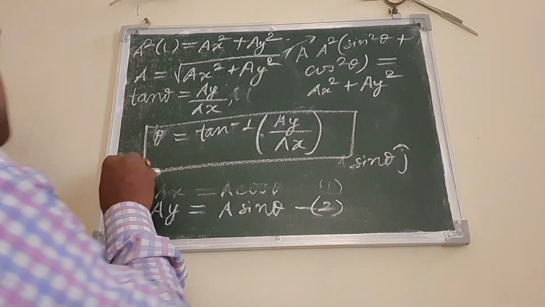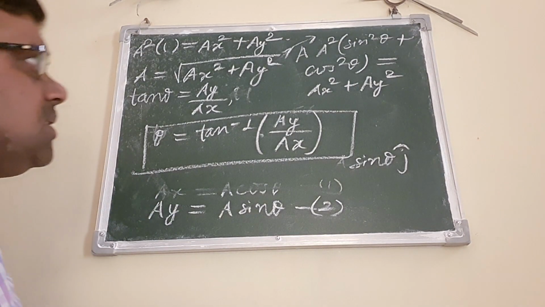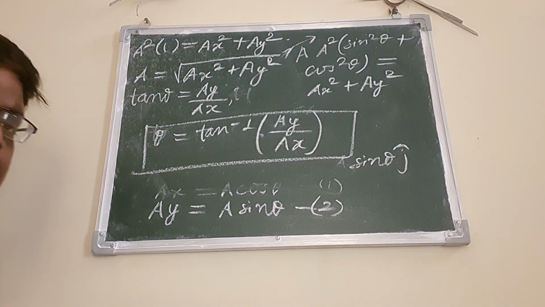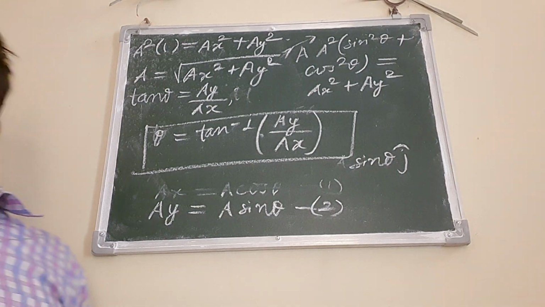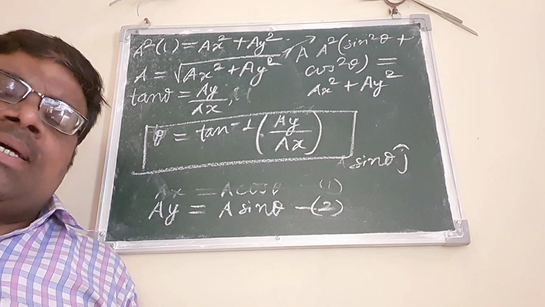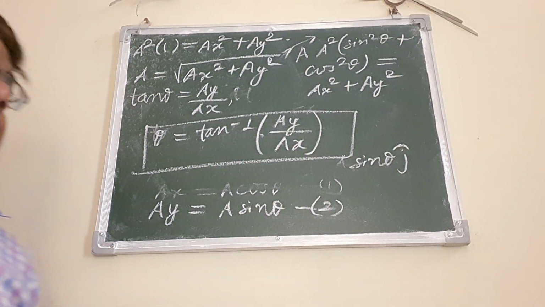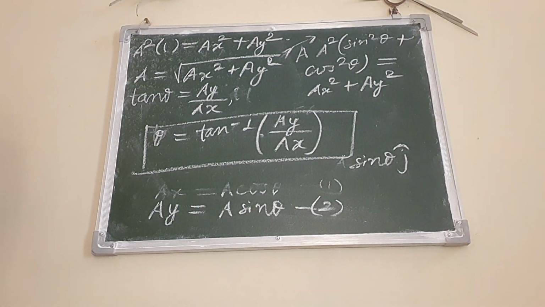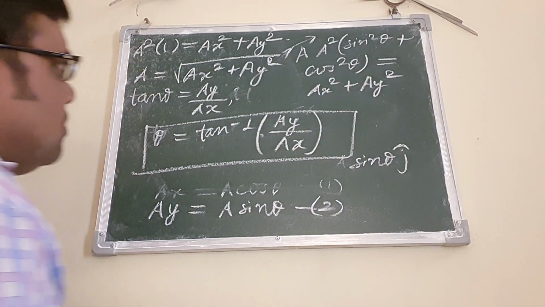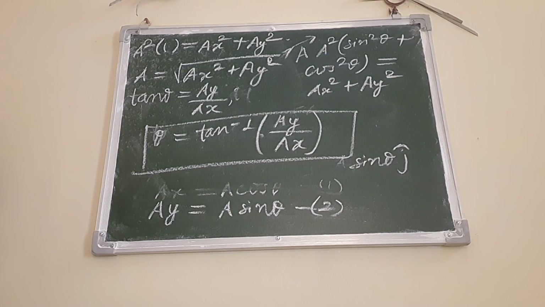So this is our answer. This is the magnitude and this is the direction for the vector whose components are taken along the x and y directions. So I think you might have all understood this.